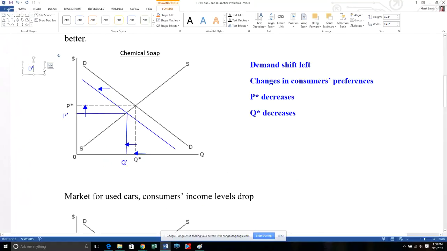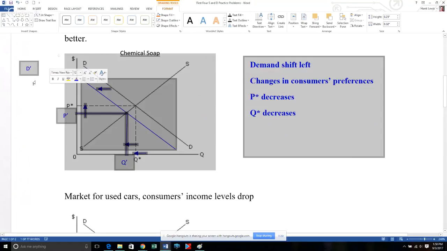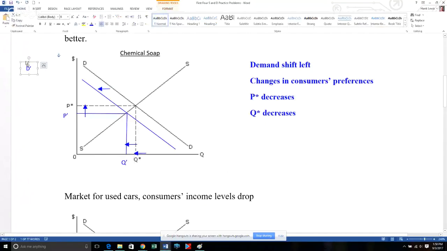Okay, let's make sure this is readable. Let's make this thing as small as we can without obscuring everything. Okay. Alrighty, so D prime.